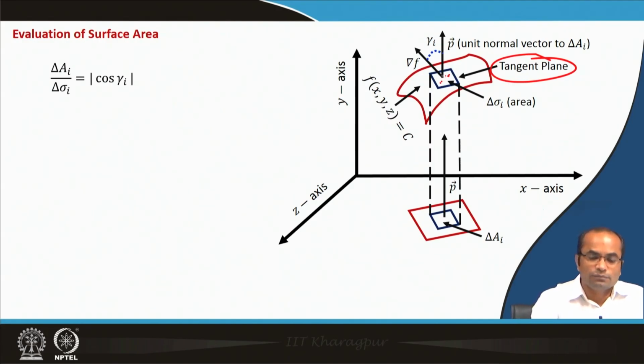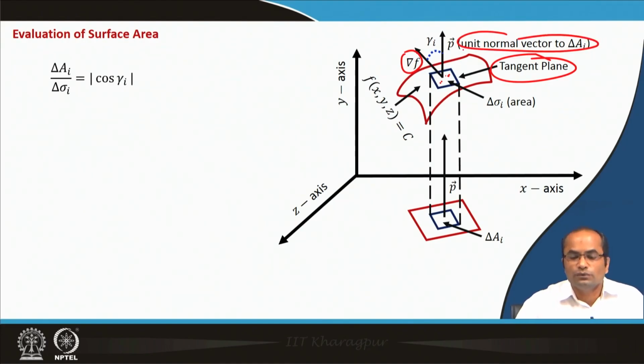The normal to this tangent plane will be given by the gradient f, and then there is another vector we have considered, this p here, that is normal to this delta I, which is on the xy plane or xz plane in this figure, for instance, but it can be on any of the coordinate planes.